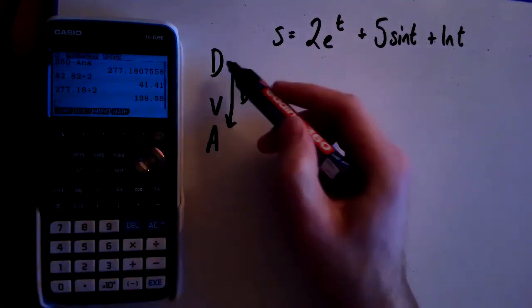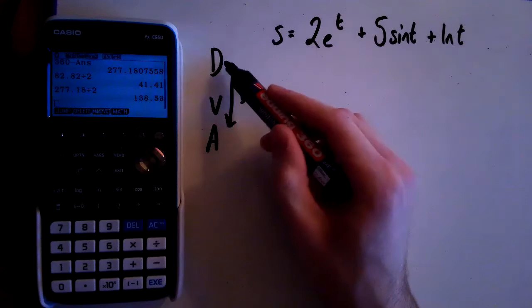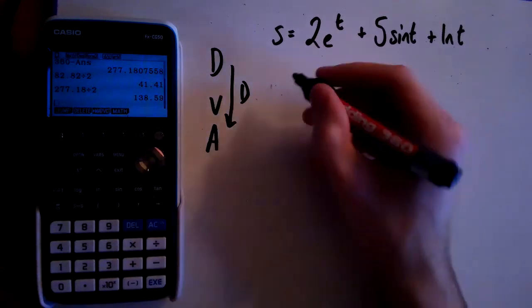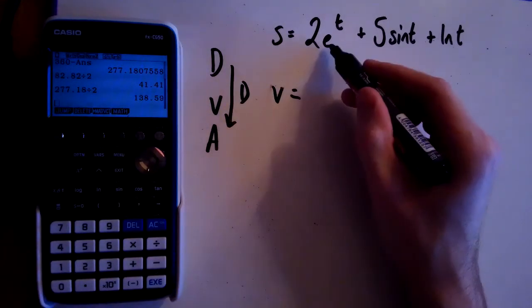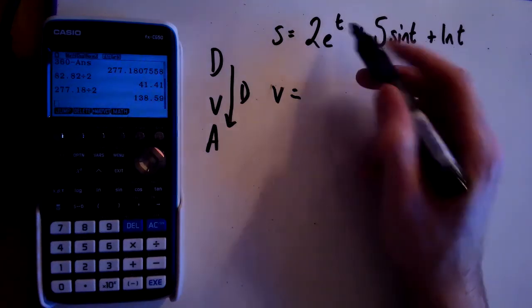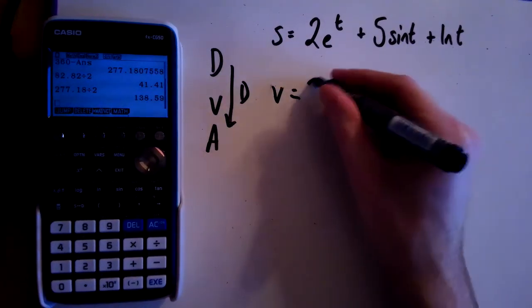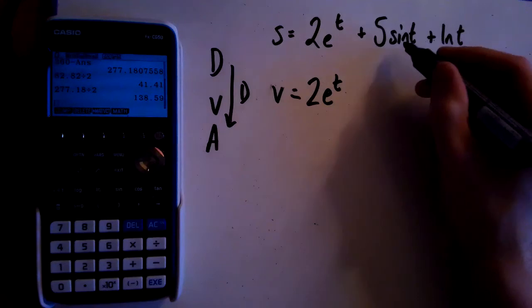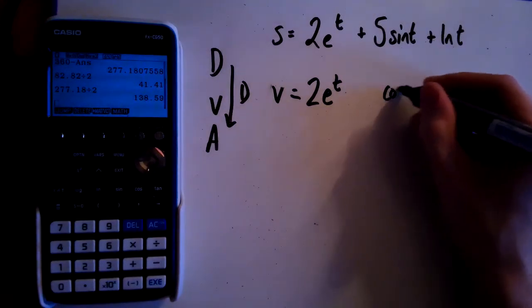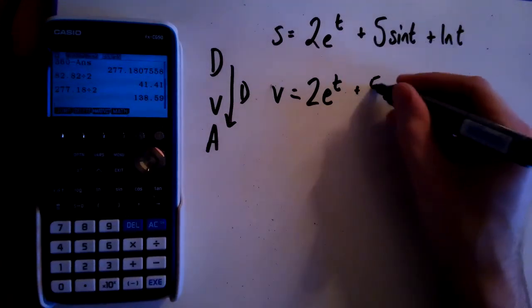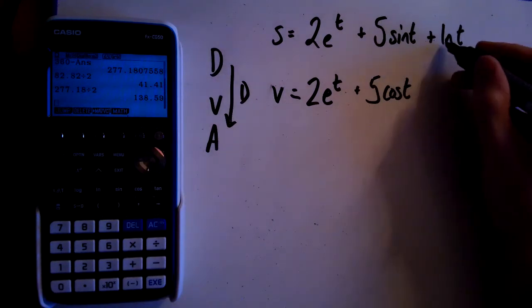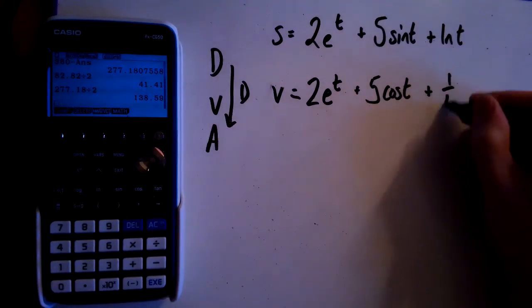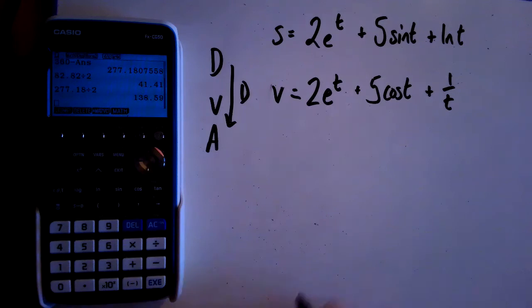So to get from displacement to the velocity, we differentiate once. So differentiate e to the power of t, it just stays the same. And I'm going to times by 2. Differentiate sine, we get cos, and times by 5. Differentiate ln t, and we get 1 over t. So that's what v is.